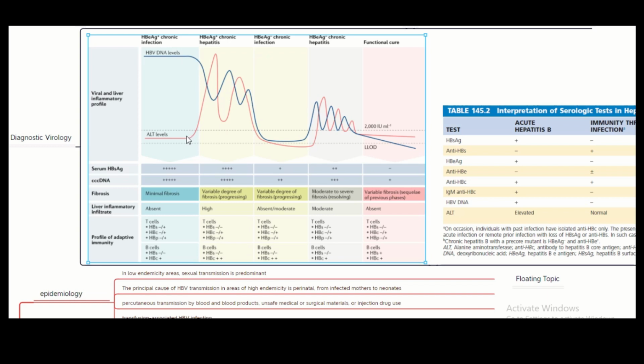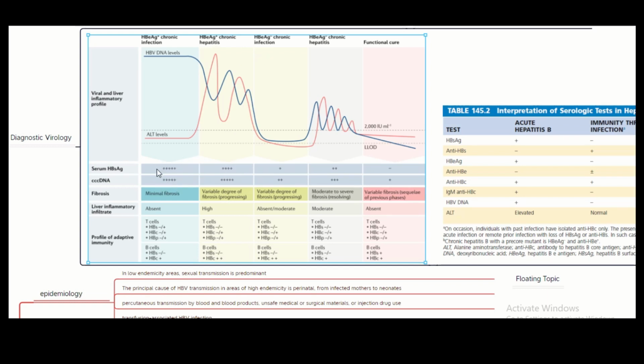So, this is the HBe antigen positive type, which is a bit milder than the other type, which is HBe negative chronic infection. In HBe negative, the HBV DNA and the ALTs will both be low, and the virus will be well hidden within our cells.